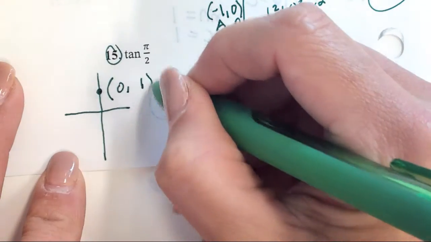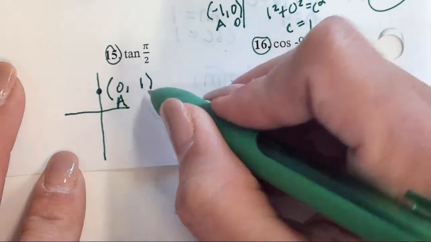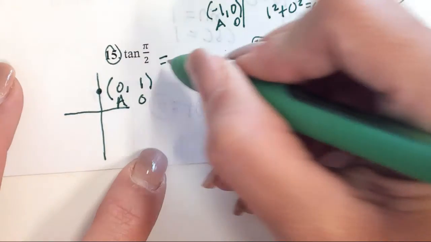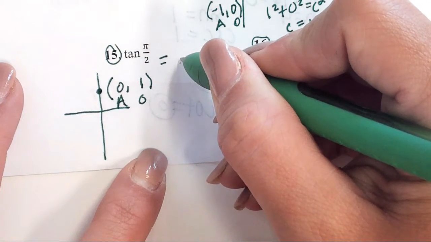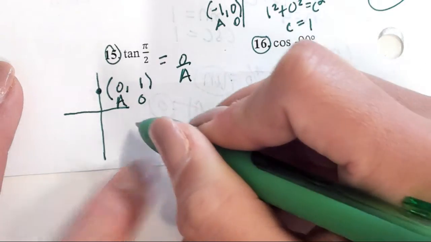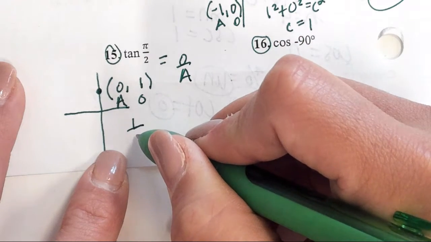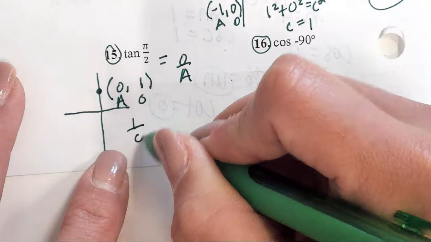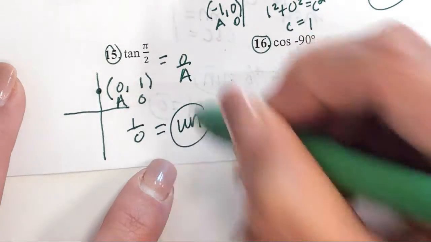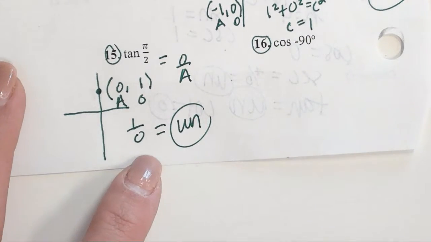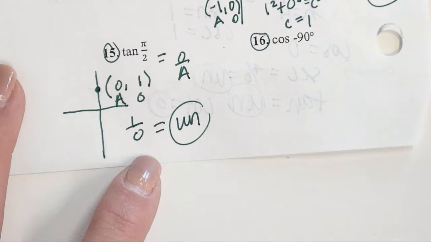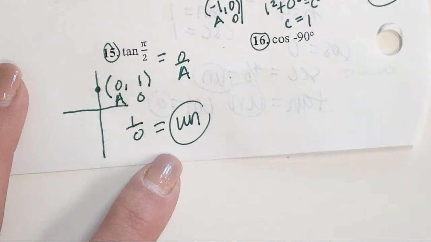Good. 0 is my what? This is my, what is tan? Very good. So it's 1 over, which is, very good. Questions on that one?